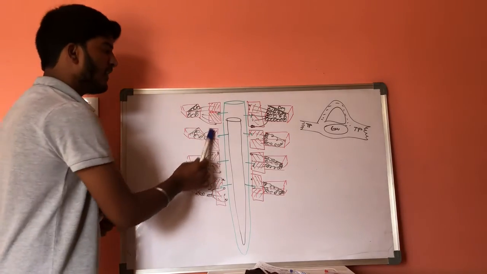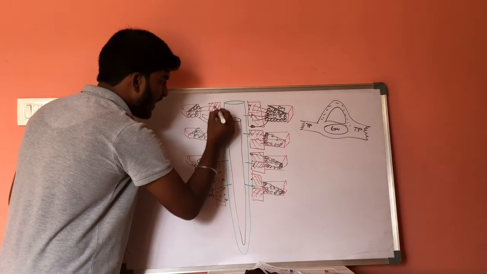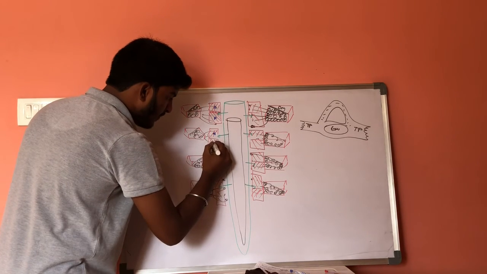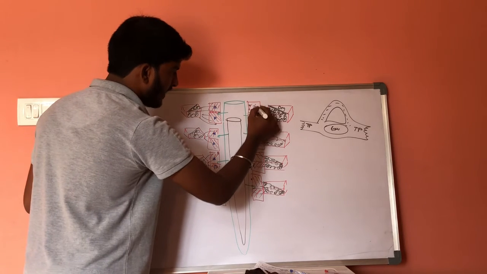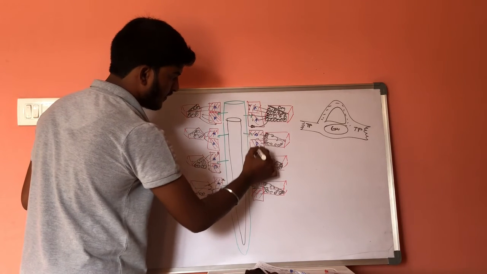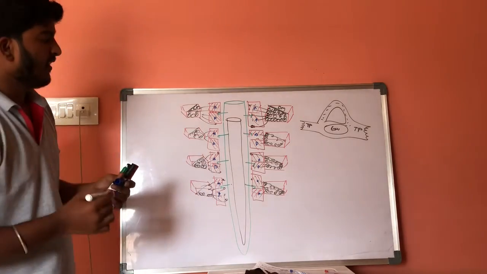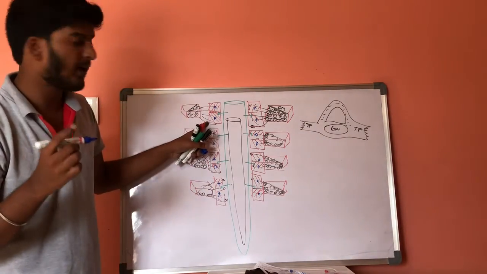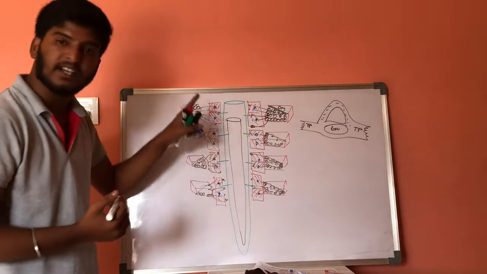these somatomeres are further modified as anterior part and posterior part, anterior, posterior, anterior, posterior. Now the posterior part of one somatomere is linked with the anterior part of the next somatomere.